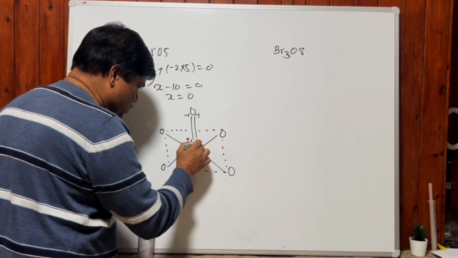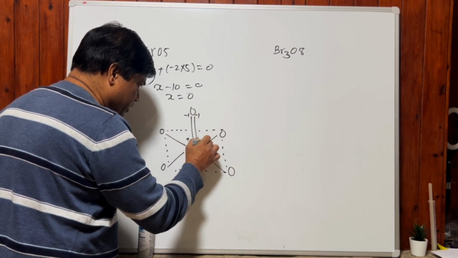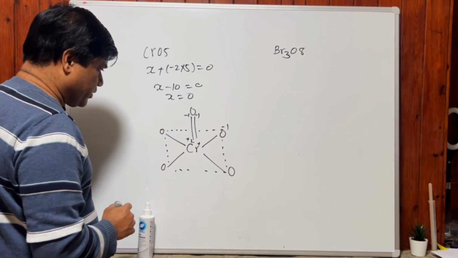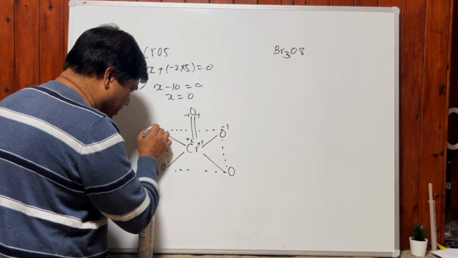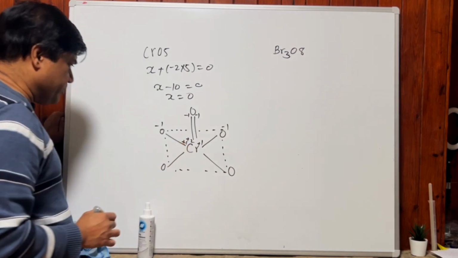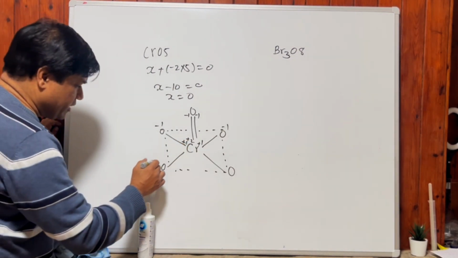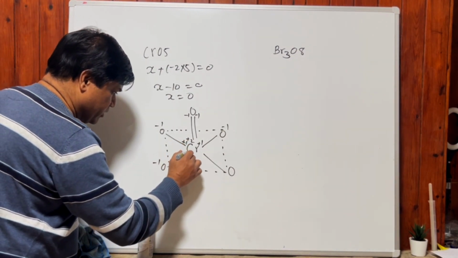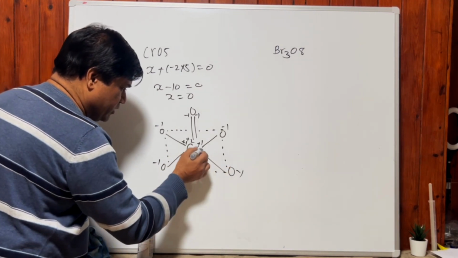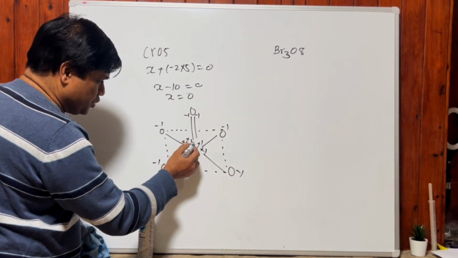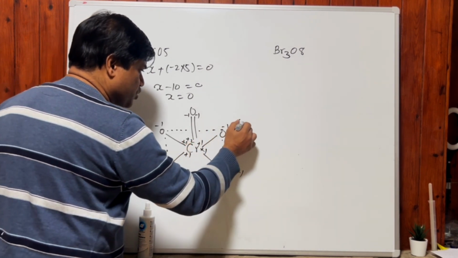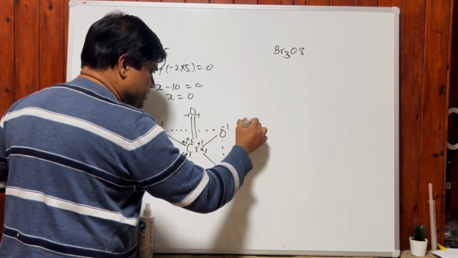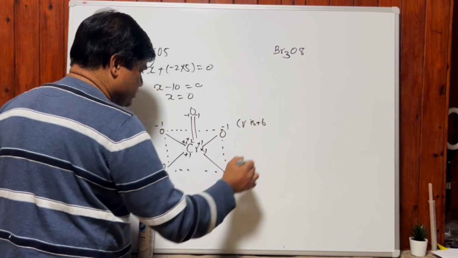So this is plus 2. Plus 1, minus 1. Plus 1, minus 1, plus 1. Minus 1, plus 1. Minus 1, plus 1. 2, 2, 3, 4, 5, 6. So chromium oxidation state is plus 6.